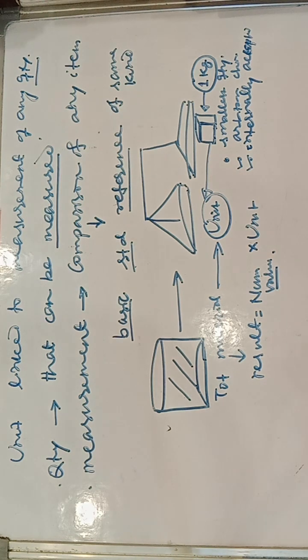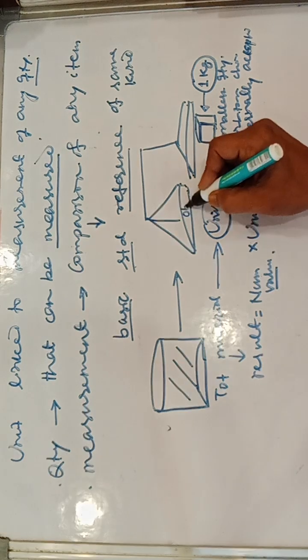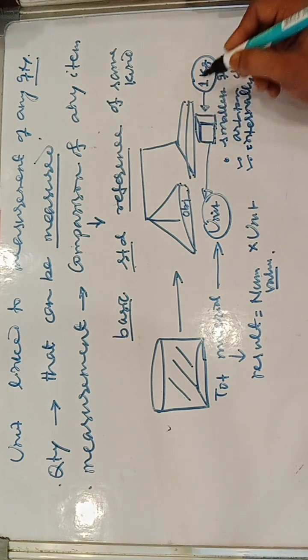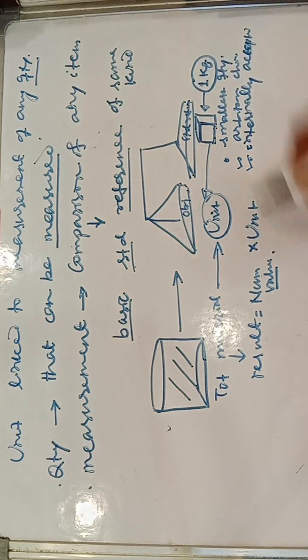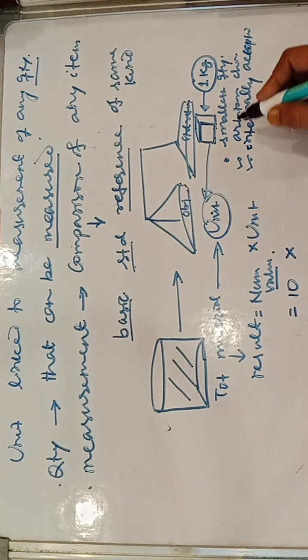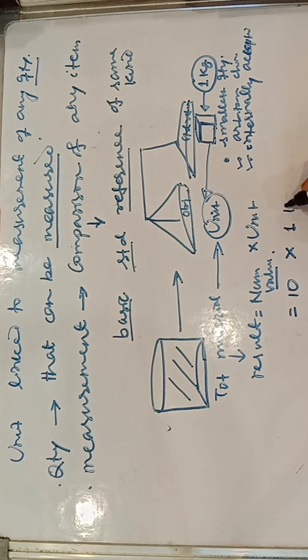If the object is here and this is the standard reference, and the object is 10 times heavier than this standard reference, the standard reference is 1 kg and it is 10 times, then the value of this object will be 10 kg.